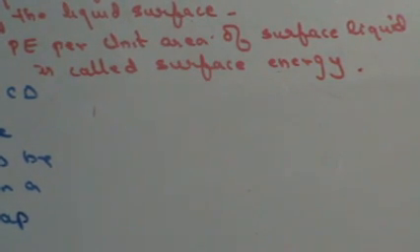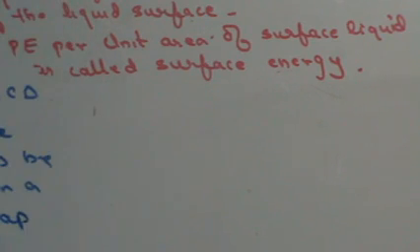We have defined surface energy before. Surface energy is equal to potential energy per unit area of the surface, right? So hence I can say that surface tension is equal to the surface energy.